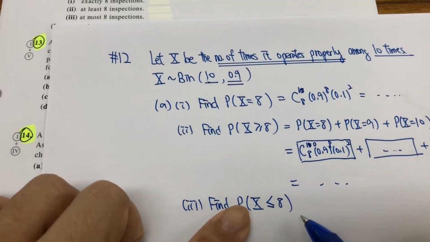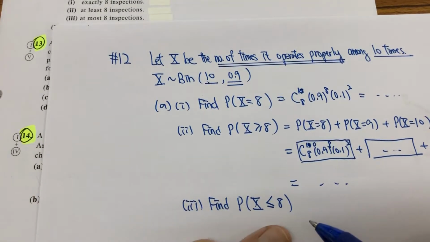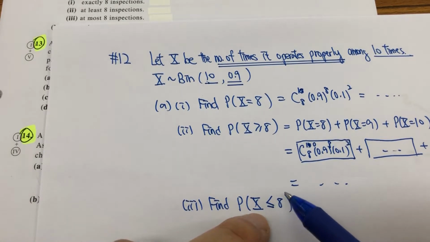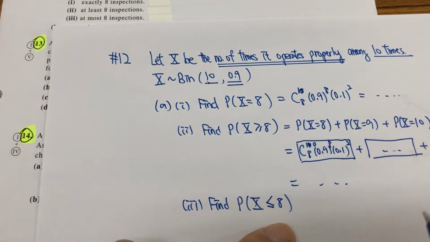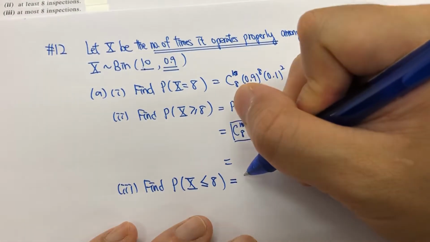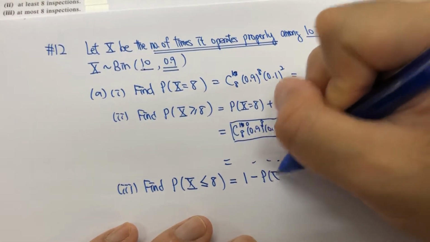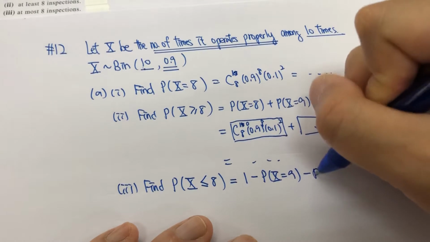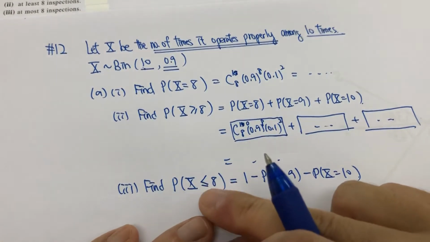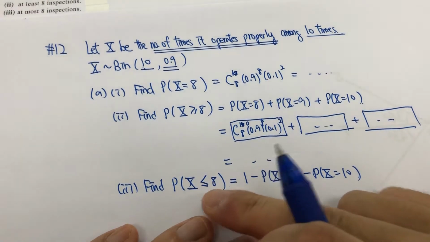So that means x could be equal to 0, 1, 2, 3, 4, 5, 6, 7, 8. It's going to be very long. Any other options do we have? You may also use 1 minus P(x equal to 9) minus P(x equal to 10), which is faster because you do not need to use the formula so many times.